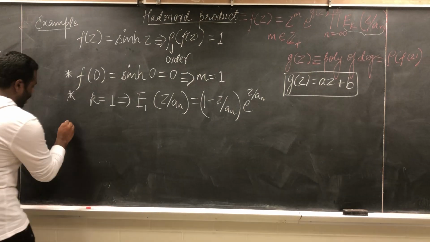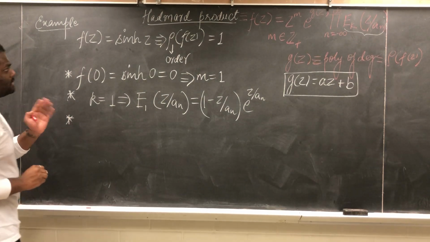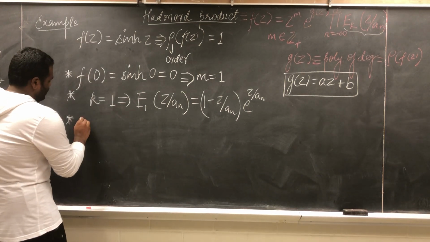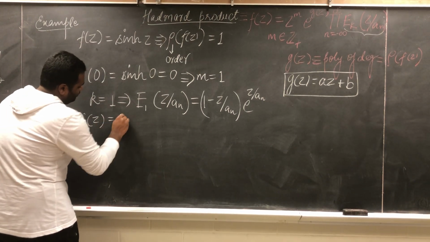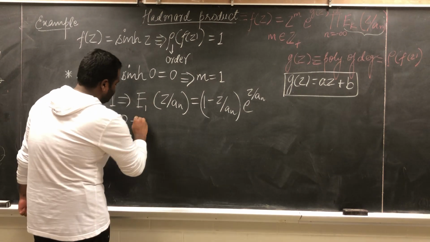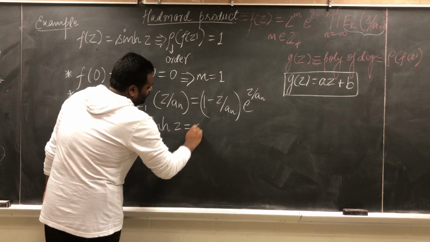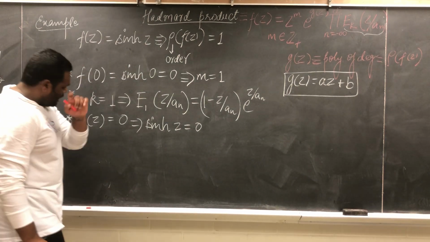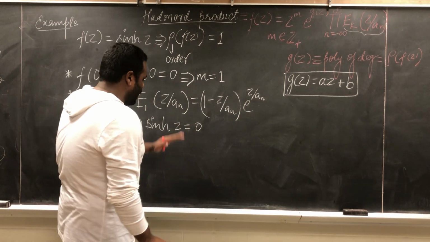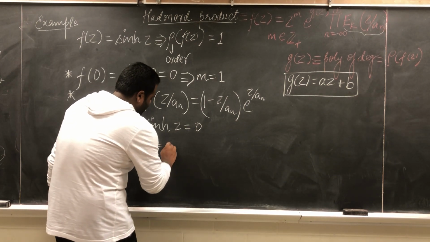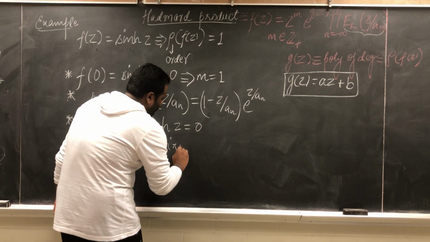So now I'm going to determine the non-zero roots of f. For that, sine hyperbolic of z is equal to 0. It is quite evident that for this, z is i pi n.